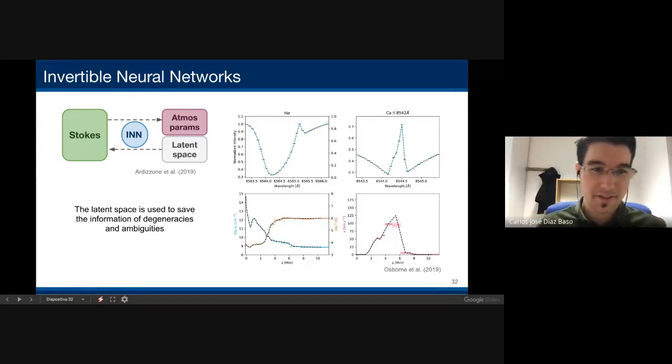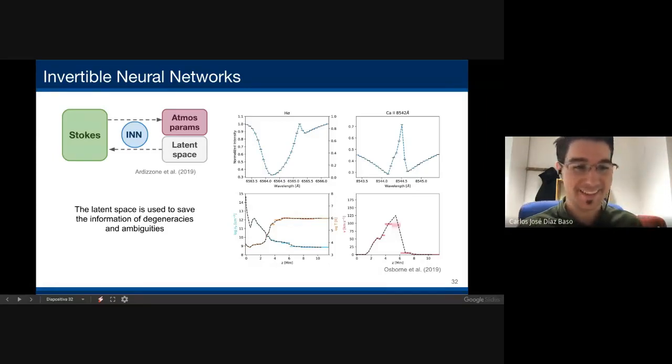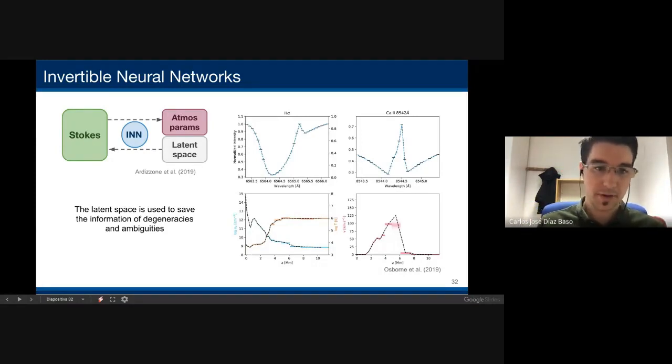Well, the first thing is that this question can probably be answered much better by the authors. But I have been playing with something similar, where in this latent space you can save this information: from different atmospheric parameters you will synthesize Stokes profiles that are very similar.